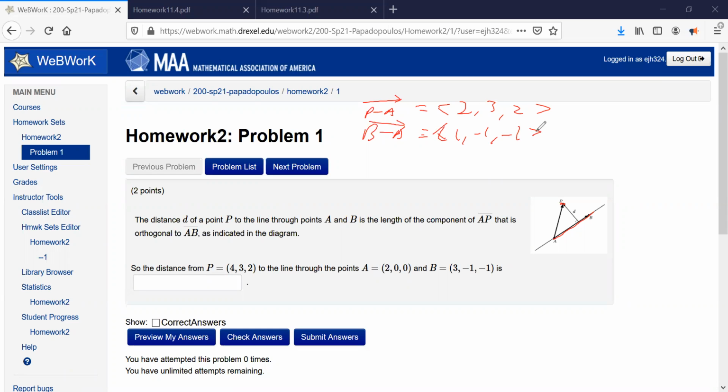Cool. So what's my next step here? Find the projection onto AB. Yeah. So we're going to do the projection of AP onto AB. And what's the formula for that?